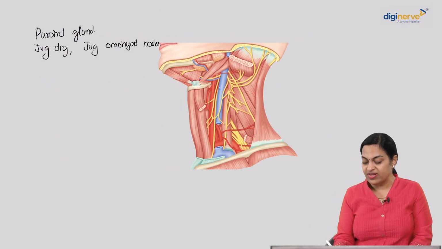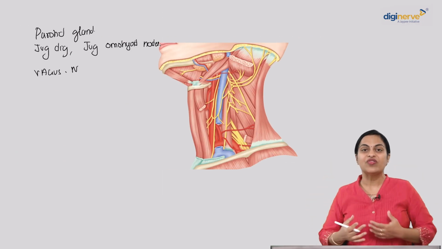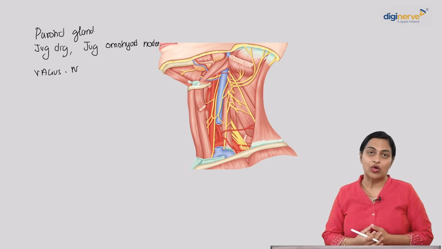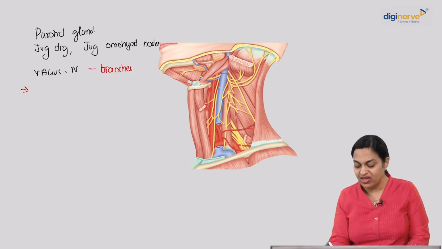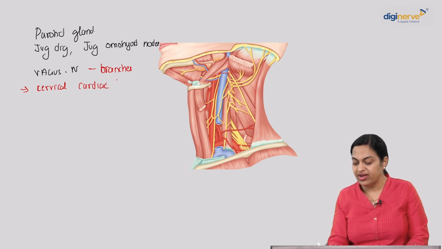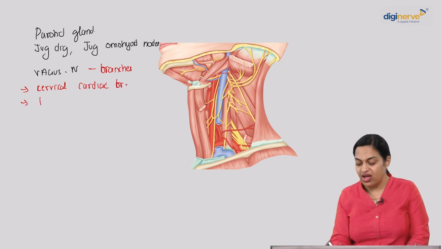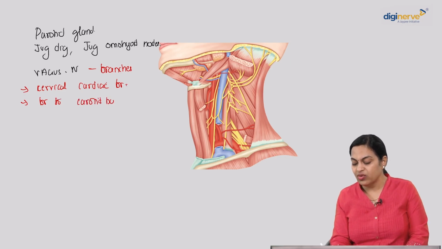So the vagus nerve, its entire course in the neck, lies within the carotid sheath, and its branches in the neck are very, very important. Branches: the cervical cardiac branches that go for the formation of the cardiac plexus, and the branch to supply the carotid body and carotid sinus.